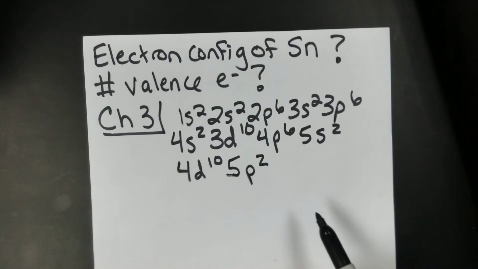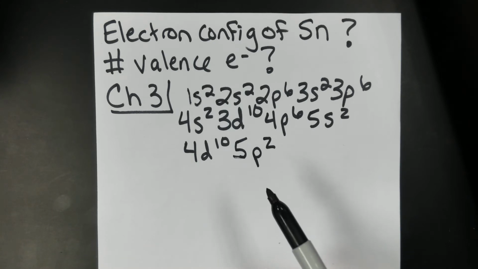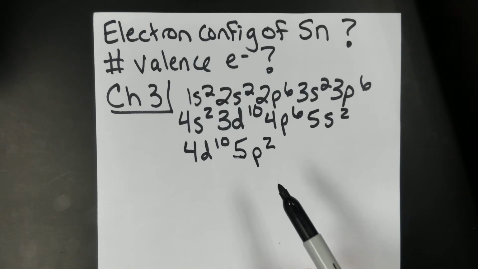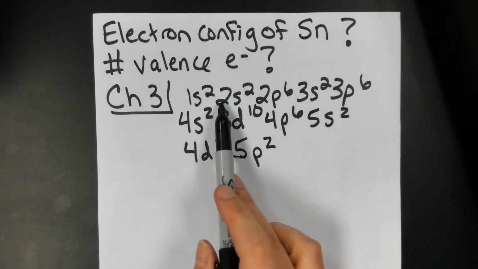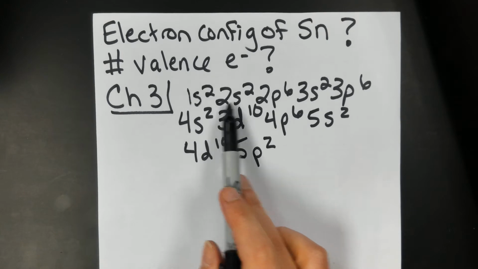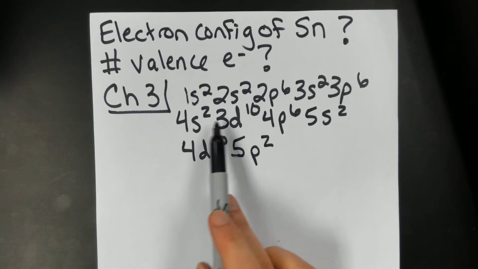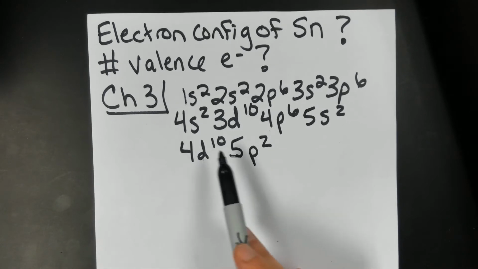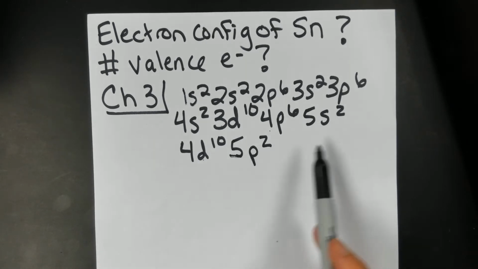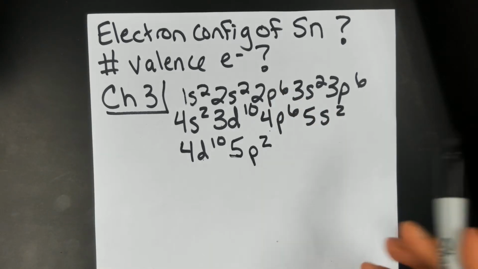So let's identify our valence electrons. We said we think there might be 4, because it's in column 4A. But let's actually identify those ourselves. What's the highest energy level we go out to? We have some 3s here, we go out to energy level 4, and we also go to energy level 5. 5 is the farthest out from the center.